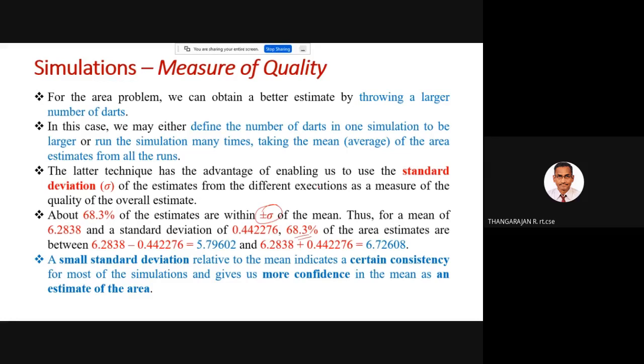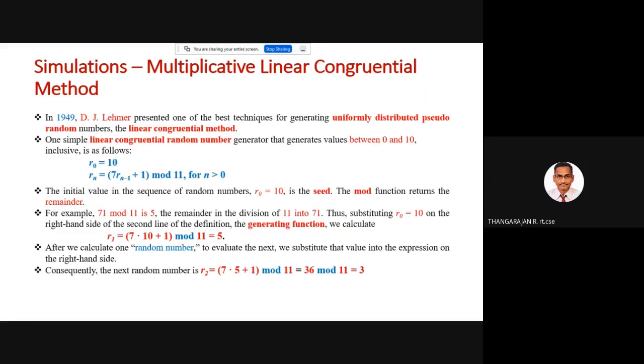Right. I will not get into this. This is an algorithm to generate random numbers using a program. It is just 2 steps. You initialize your R0 to some value, say 10. Then R1 is 7 times R0 plus 1.